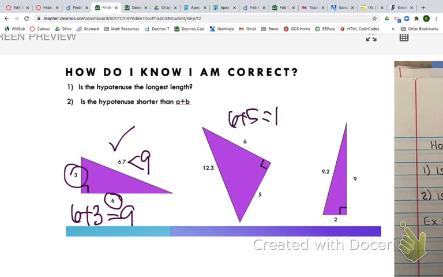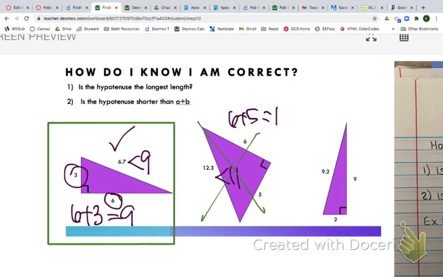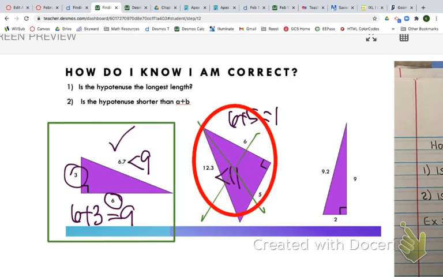Is 12.3 less than 11? It's not. So this one's done incorrectly. So this one is correct. This one is wrong, because 12.3 is not less than 11.